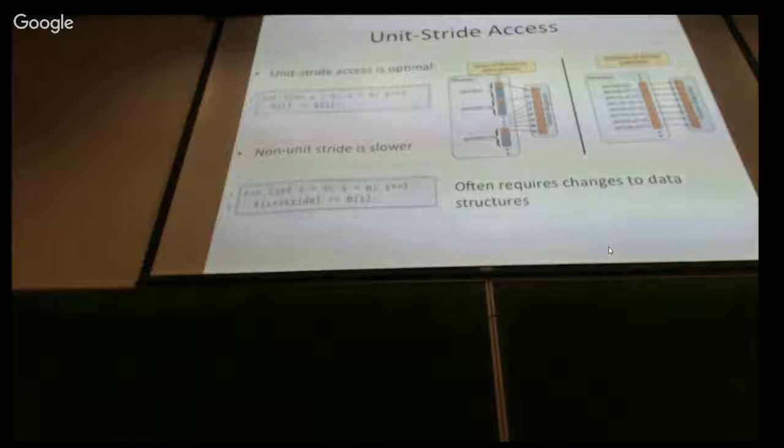There's a schematic of non-unit stride accesses on the leftmost schematic. It typically comes about by way of using arrays of structures rather than structures of arrays. You can see all these non-unit stride accesses into the vector register from main memory. And on the right, if you have nice contiguous data, you can see that you get nice unit stride accesses into the vector register, and that comes by way of using a structure of arrays data structure.